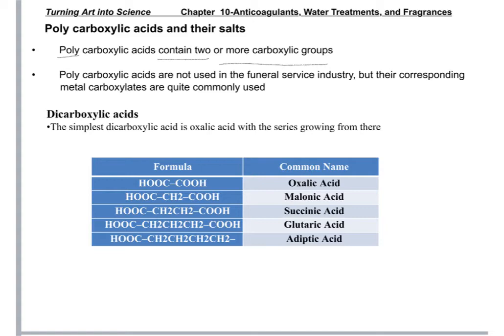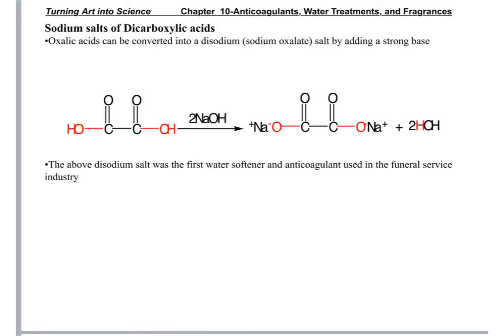Oxalic acid is where you have 2 carbons, malonic acid has 3 carbons, succinic acid 4, glutaric acid 5, and adipic acid has 6 carbons. Oxalic acid was the first one we were looking at.